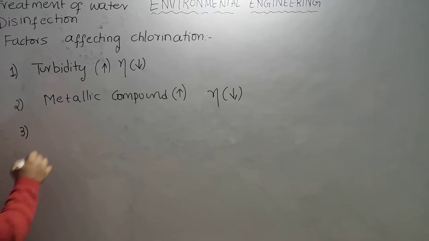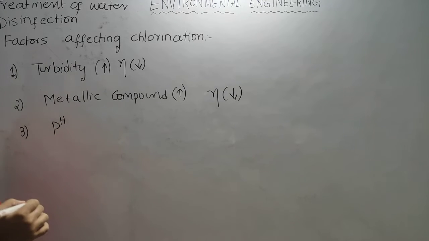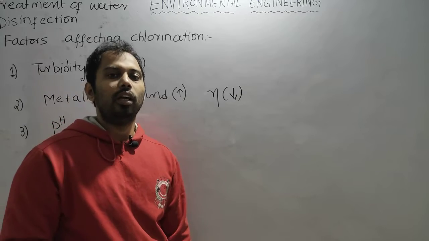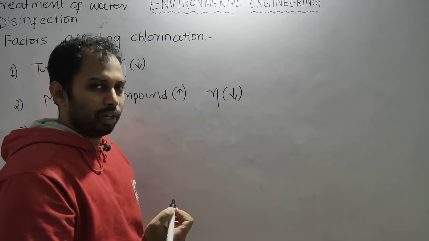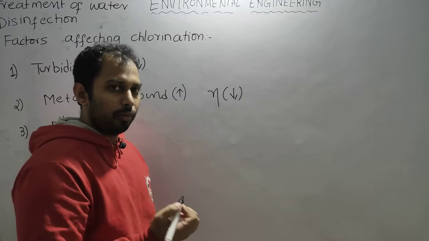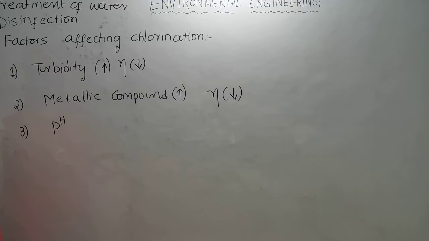When you take pH, in an acidic medium where the pH is lower, more HOCl will be present. HOCl is a better disinfectant. That means when pH reduces, the efficiency of chlorination increases.